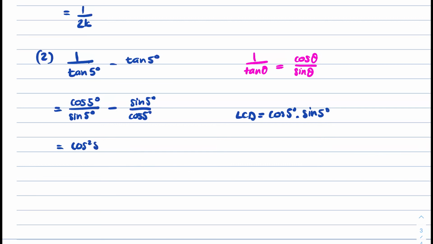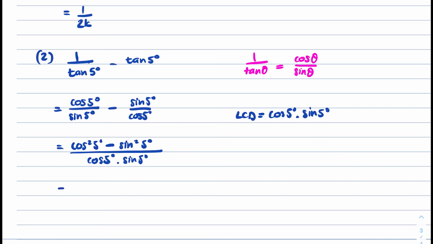So we're going to get cos squared 5 degrees. And the second term, we're going to multiply by sine over sine, in which case we get sine squared 5 degrees. In our denominator, we've got our LCD, cos 5 degrees times sine 5 degrees.